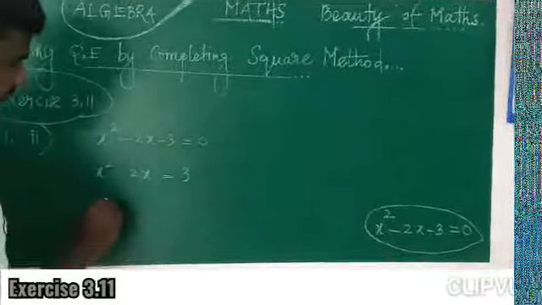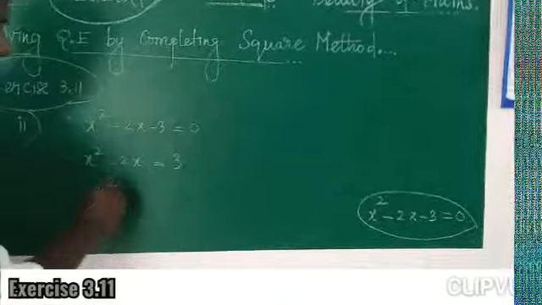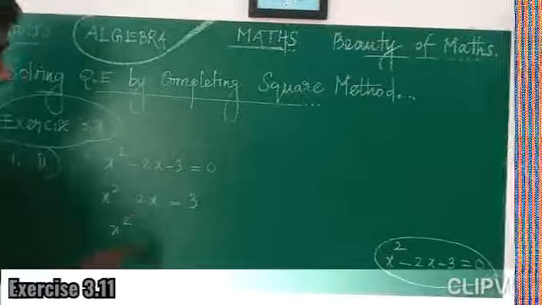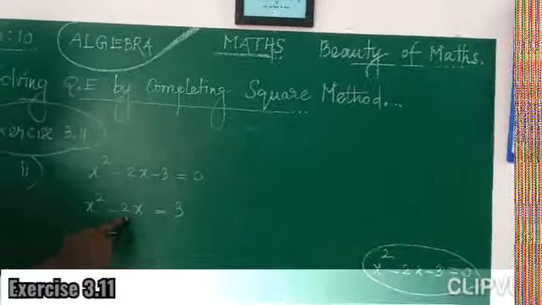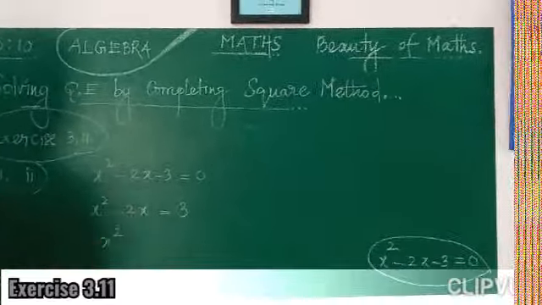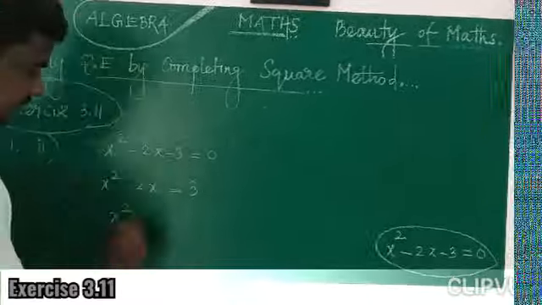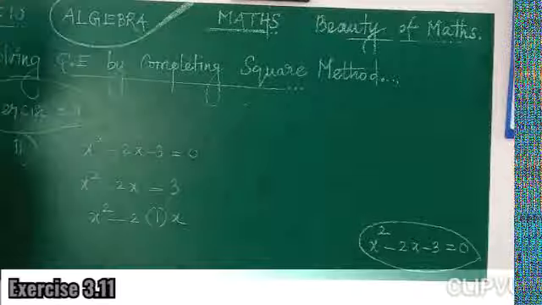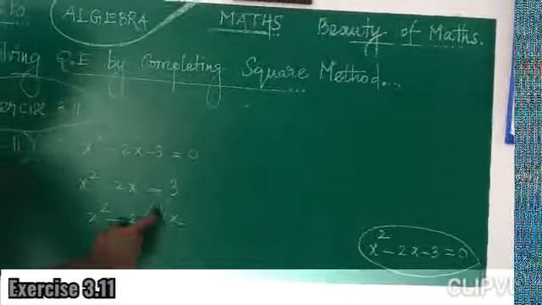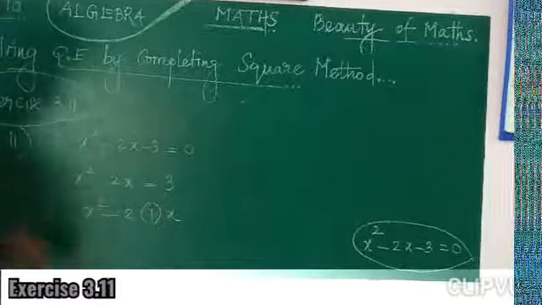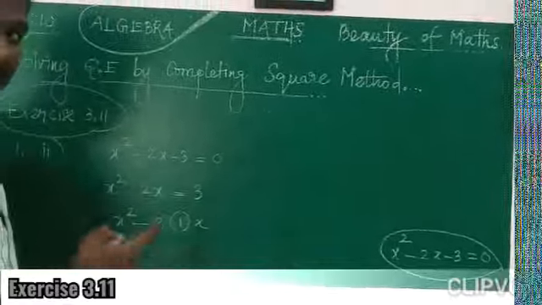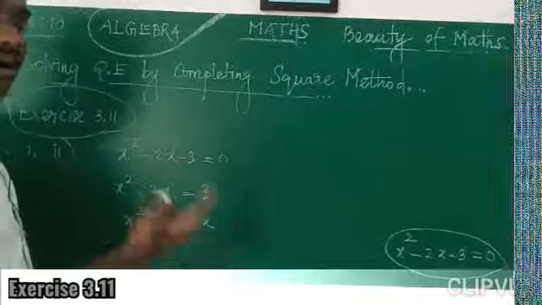For x square, we find half of the coefficient of x. The coefficient of x is 2, so half of the coefficient of x is 1. So it can be written as 2 into 1 into x. Then we find the square of half of the coefficient of x and add it on both sides.